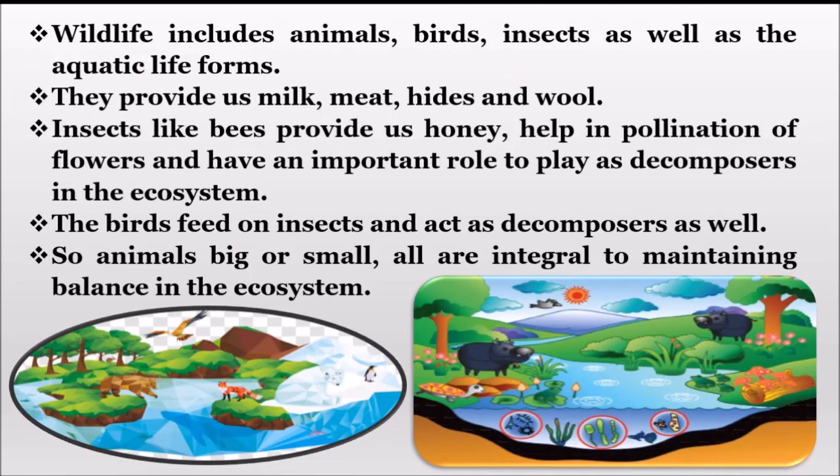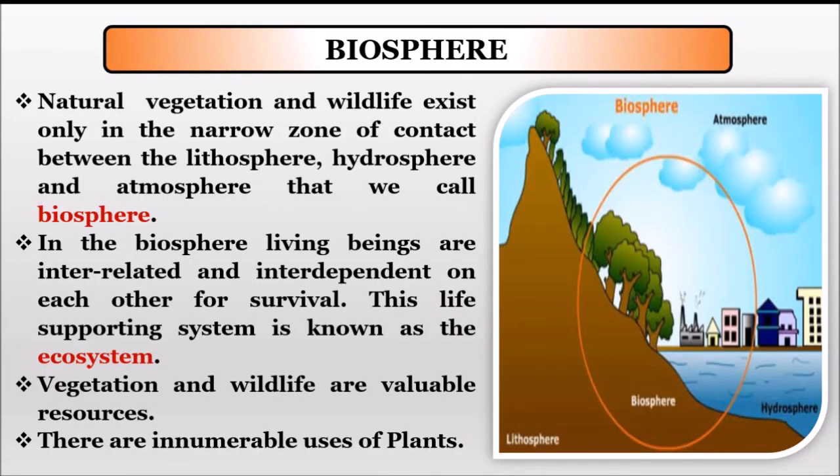And here, biosphere is a region, children. Biosphere means what? A region that lies in a narrow zone of contact between the atmosphere, lithosphere and hydrosphere. You can find natural vegetation and wildlife only in the biosphere, and in this zone all living beings are interdependent.